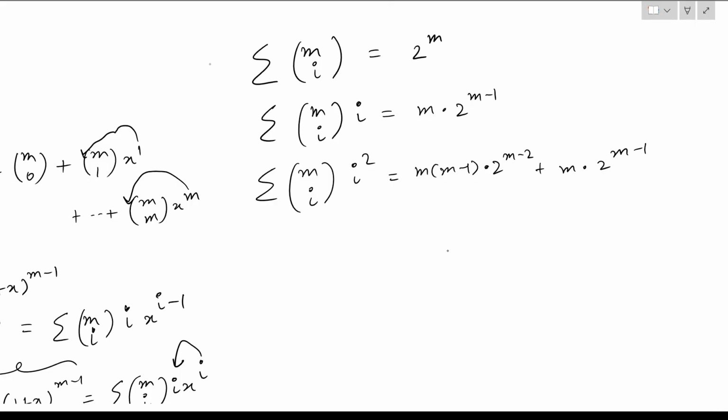In fact, there is a combinatorial way to look at all of these. And so that would be simply to see this as i choose 1 and m choose 1.